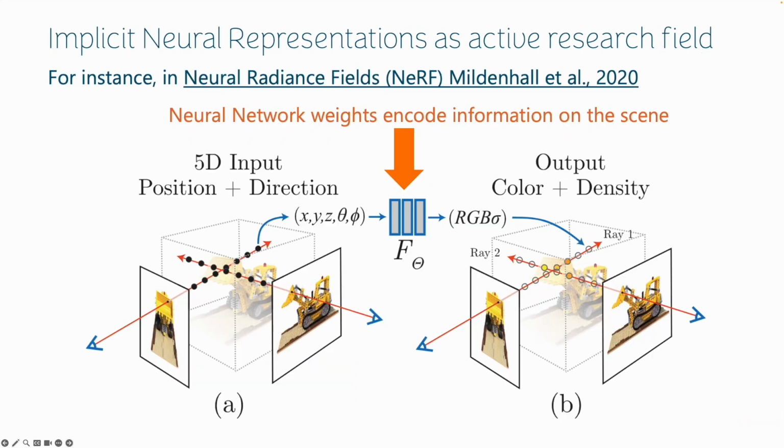So implicit neural representations, some people may have heard about them already in computer vision. They are really popular and really successful here in the form of neural radiance fields. And the underlying idea is the same one. It's a different domain and a different problem, but we are also storing information about a scene in the weights of a neural network.